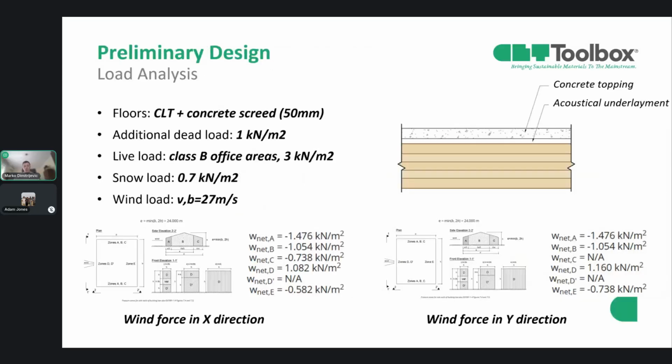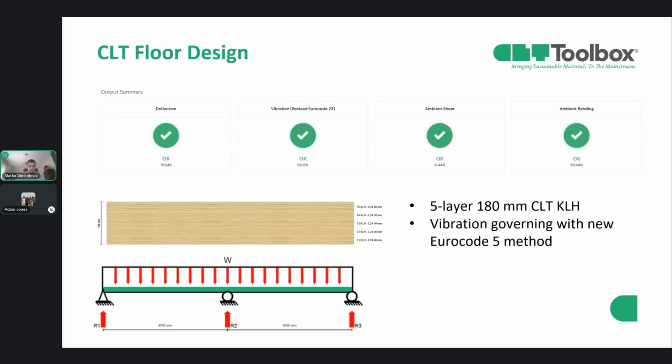We're going to start with the fire design of CLT beams. Here is the load analysis briefly. We have CLT floors, concrete screed, and acoustical underlayment. We have an additional dead load of 1 kilonewton per square meter, Class B office with 3 kilonewton per square meter, and also snow and wind loads.